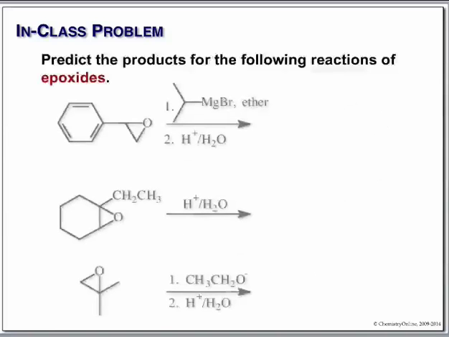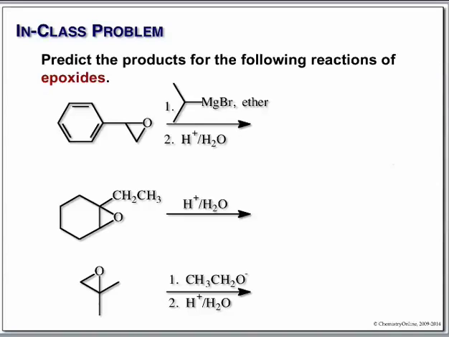epoxides are the classic examples here. Epoxides are reactive because our three-membered ring is highly strained. Because it's strained, it will ring open very easily. You can also ring open four-membered ethers, four-membered rings.